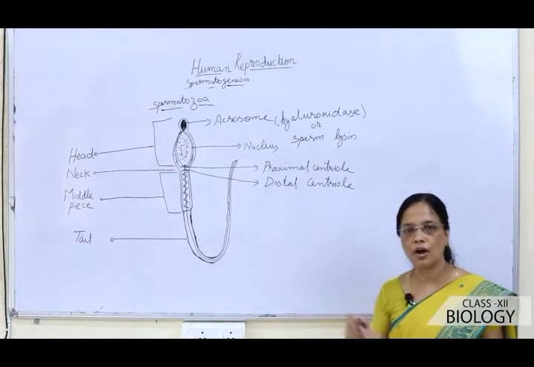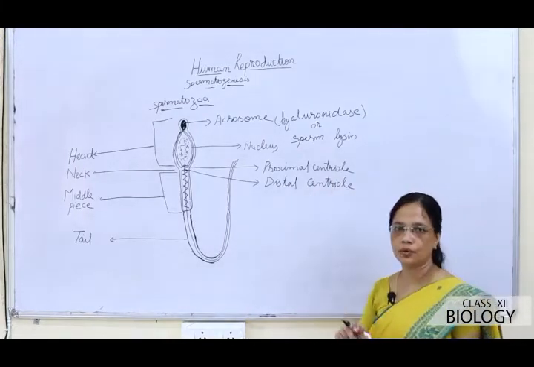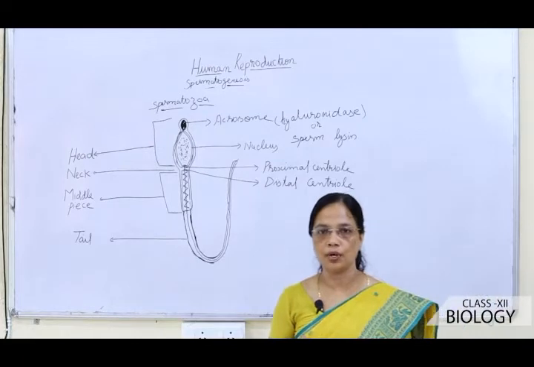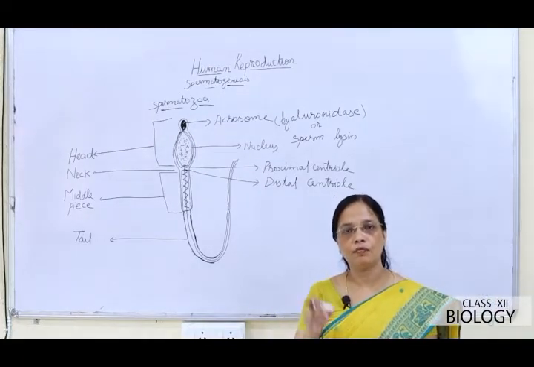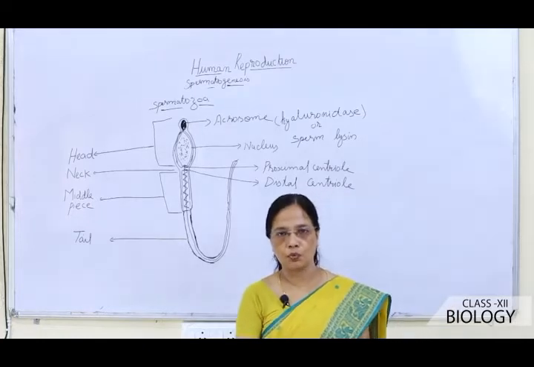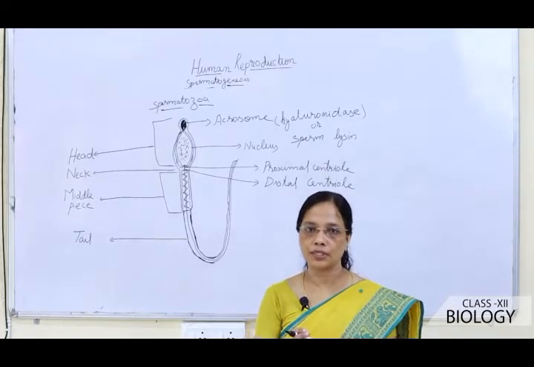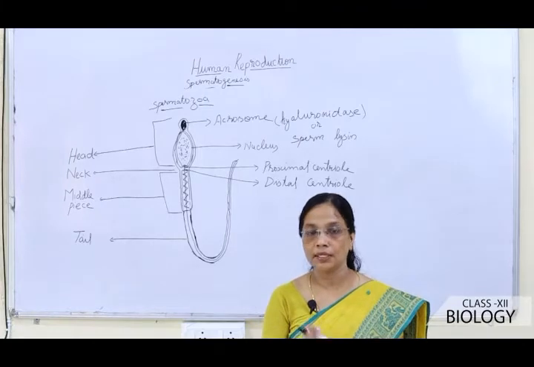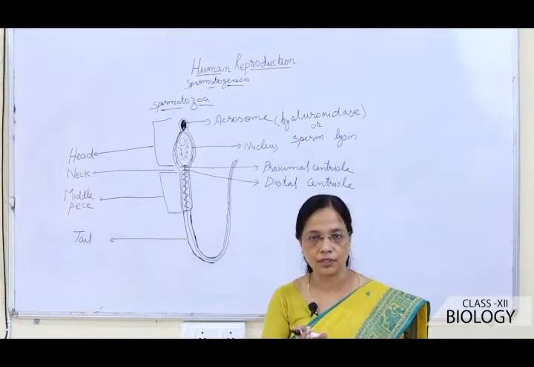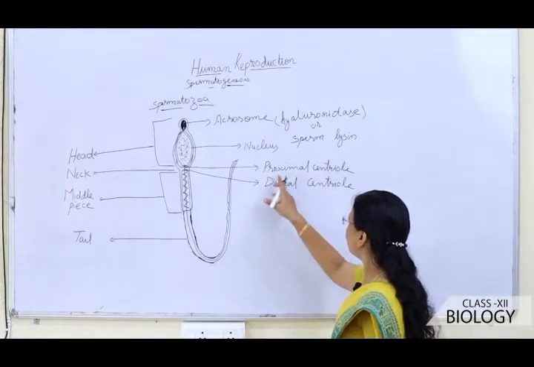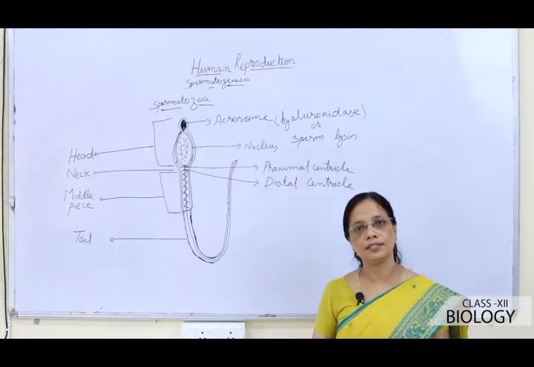What is the function of the proximal centriole? The proximal centriole helps in the first cleavage of the zygote. When spermatozoa and ovum fuse and form a zygote, the zygote undergoes mitotic division. The first cleavage is with the help of the proximal centriole.